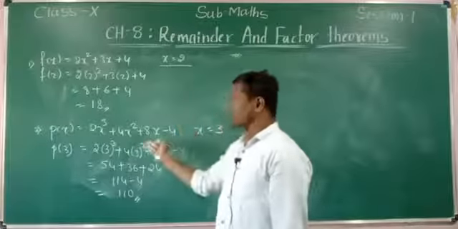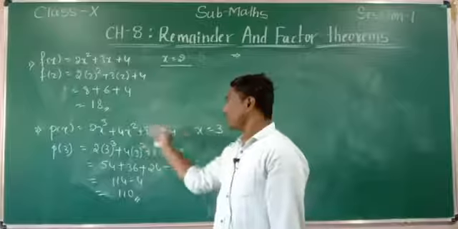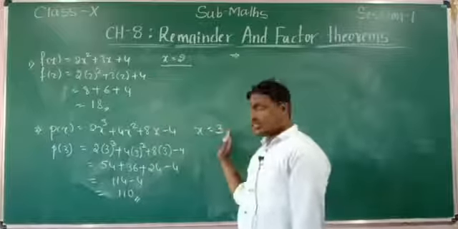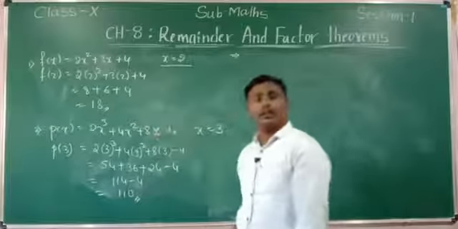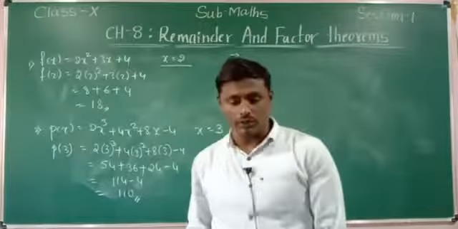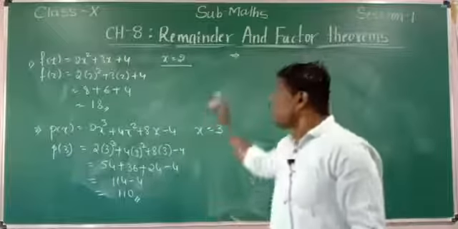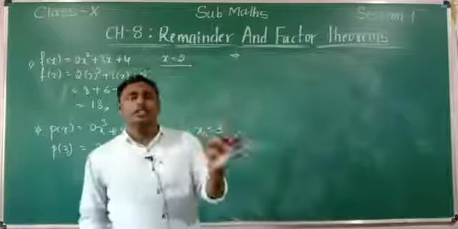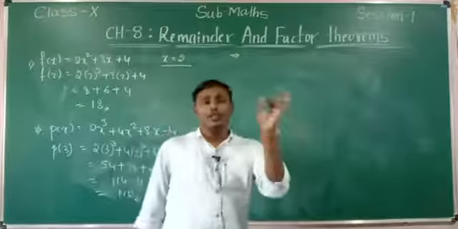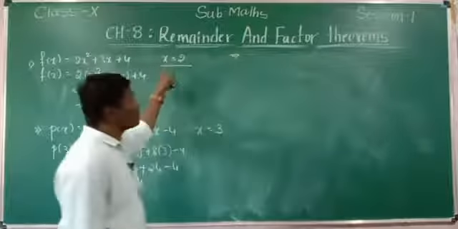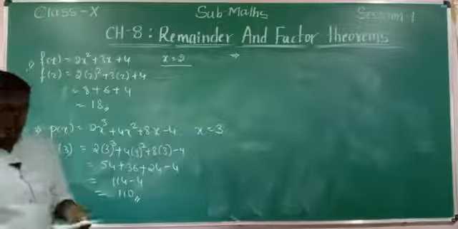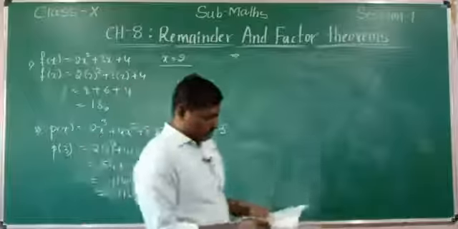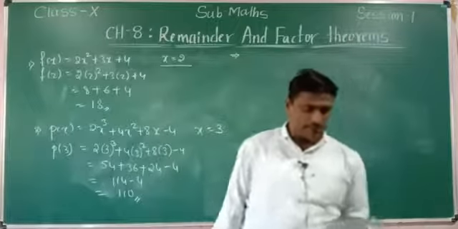In the second, different expression, I am taking x value as 3, and I get a different answer. So with the help of these two expressions, we conclude that the value of each and every expression depends on the value of the variable. Okay, next one.